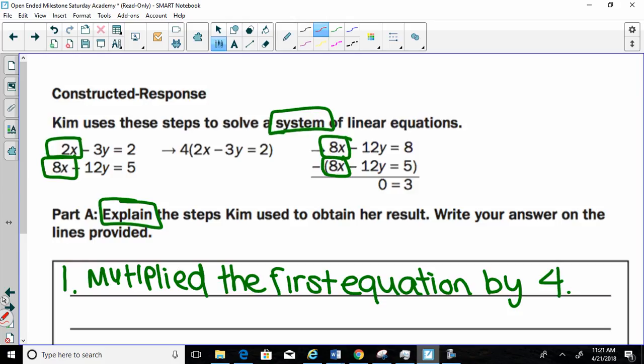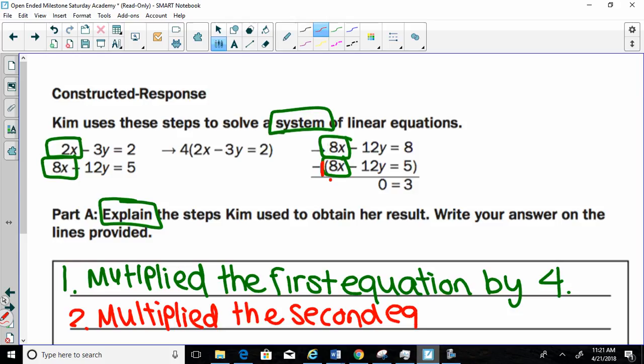So he multiplied the first equation by 4. What did they multiply the second equation by? Because they're both 8x, what do they have to multiply the second one by to change the sign? What's this invisible number right here? 1. Negative 1. So they multiplied the second equation by negative 1, and we have to put that invisible 1.